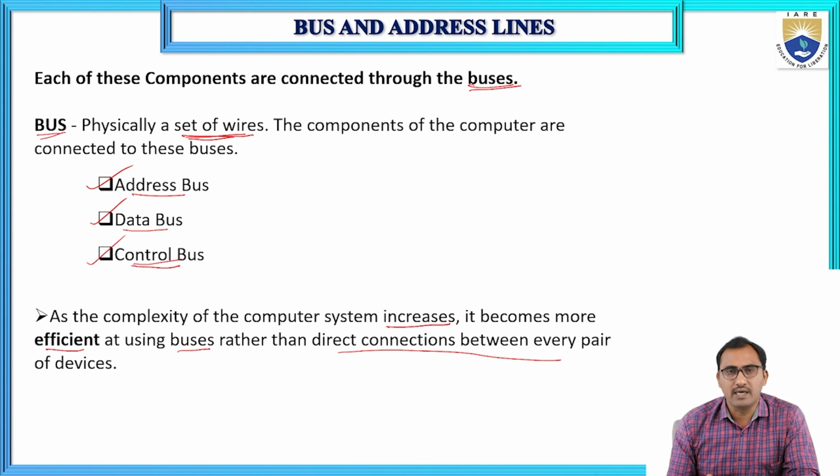These are the drawbacks of using direct connections between the various devices. To overcome these drawbacks, we use a method called a bus. By using a bus, we can reduce the complexity of the system, the power consumption, and the cost of the system.